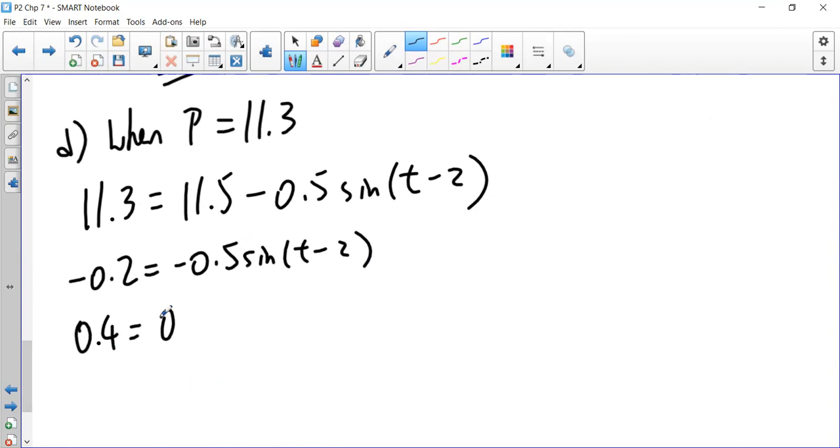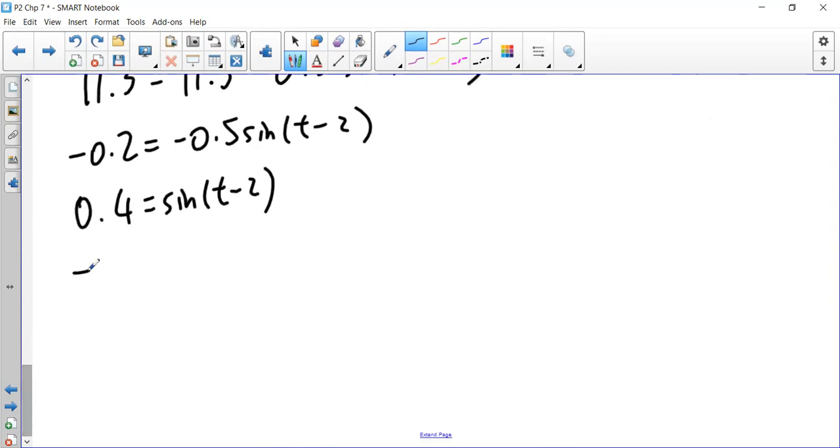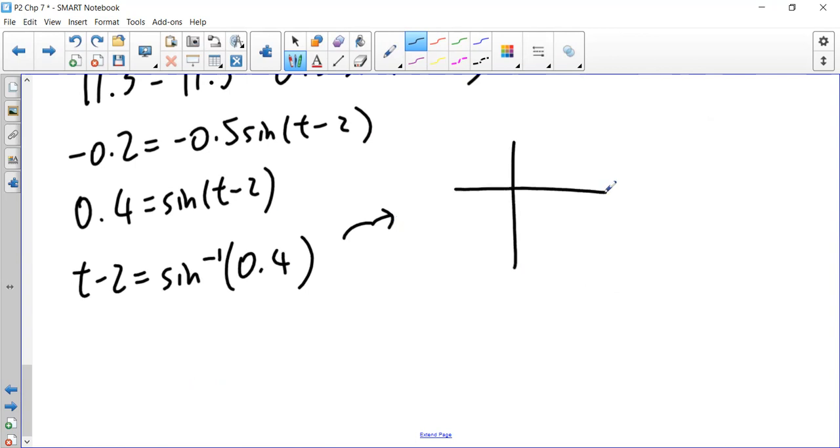Positive 0.4 equals sine(t minus 2). What we can do next is inverse sine. So t minus 2 equals inverse sine of 0.4. Put it in the calculator. Now we have to use the CAST diagram. Inverse sine of 0.4 is 0.411. Make sure you calculate in radians. The other value where sine is positive is in the second quadrant.